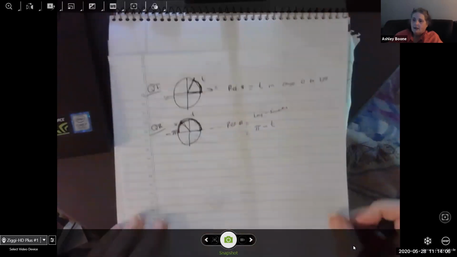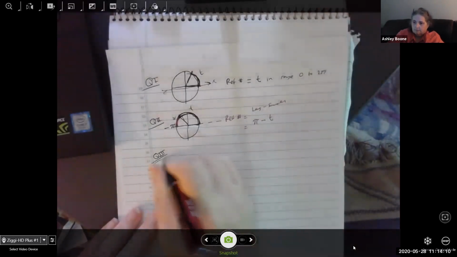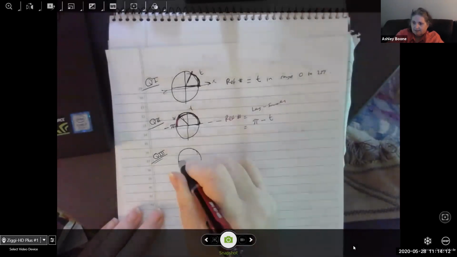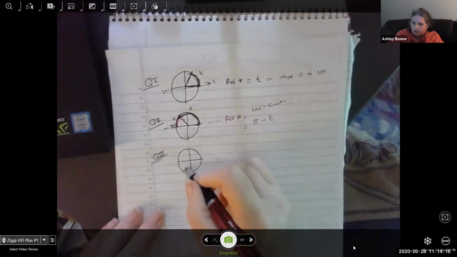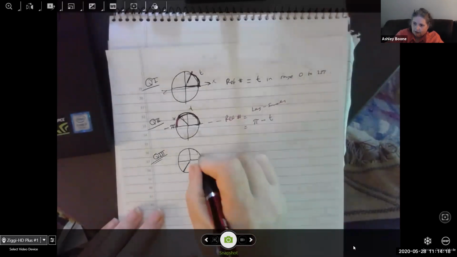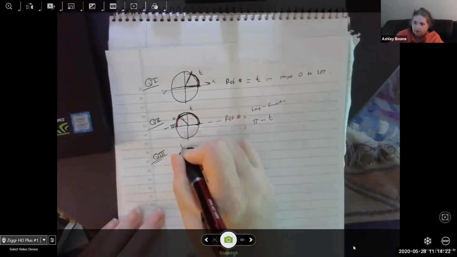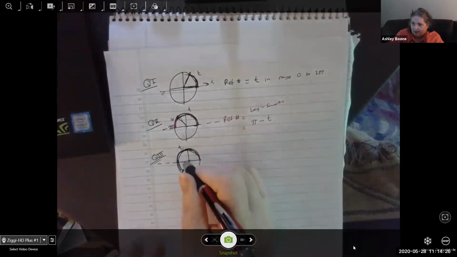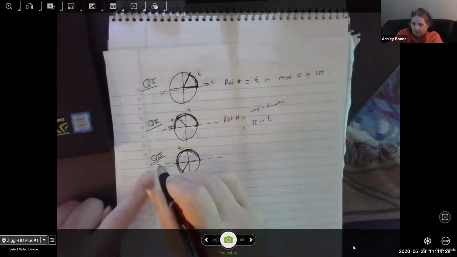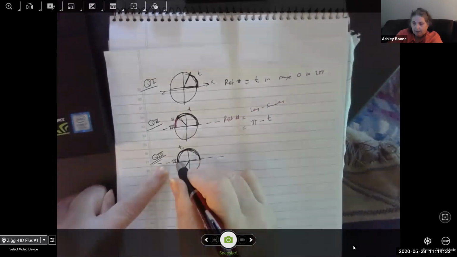If you are in quadrant 3, and that's the last example that I did, your terminating side is somewhere down here. So your t value that you get between 0 and 2 pi is right here. We know that the x-axis, as you go to the left, you have a distance of pi that goes from 0 to the x-axis to the left.